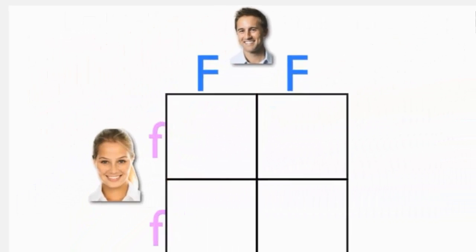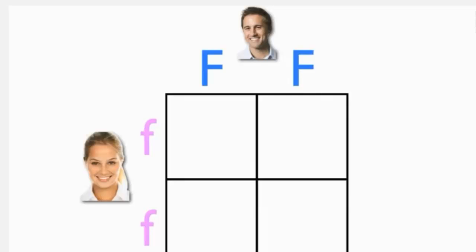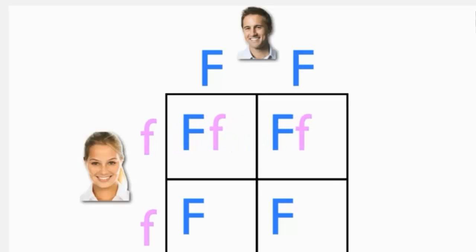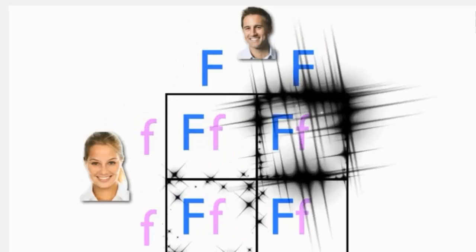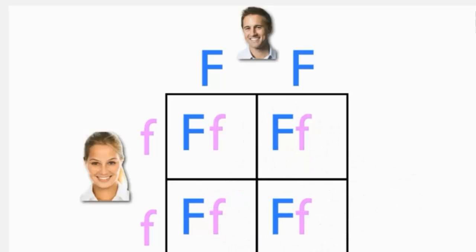We can use a Punnett square to predict what the baby will look like. If we fill in the Punnett square as follows, you will see the different gene combinations for our baby. Each square represents the combination that their baby could inherit.